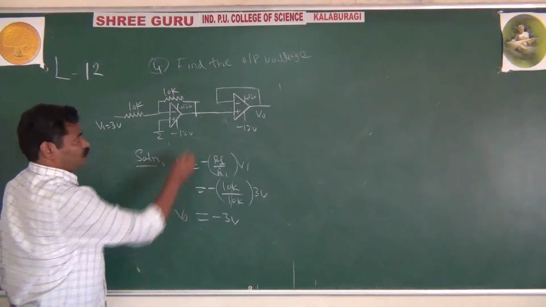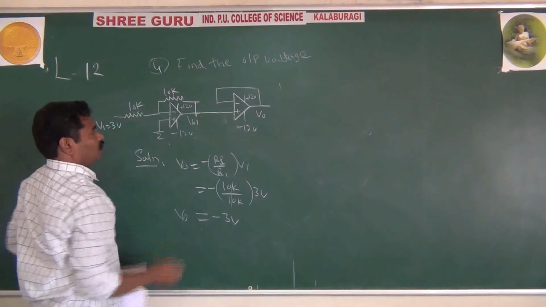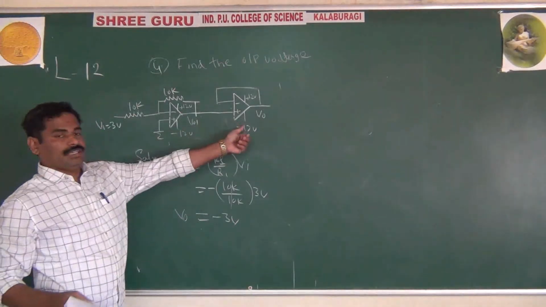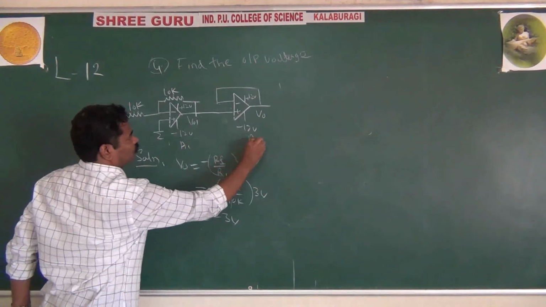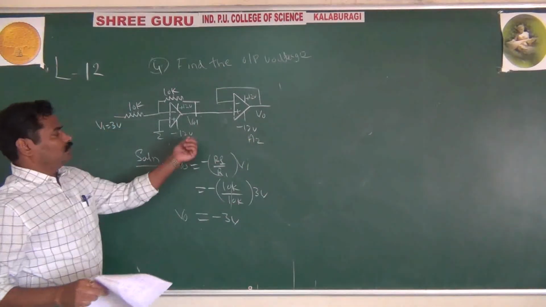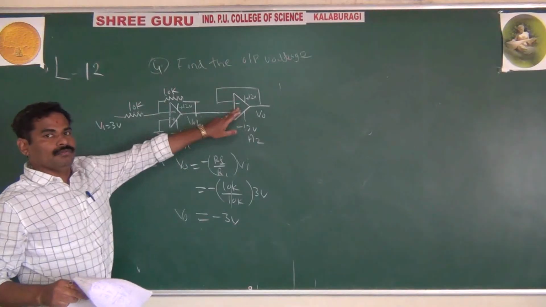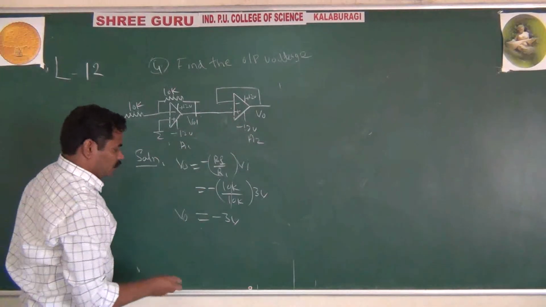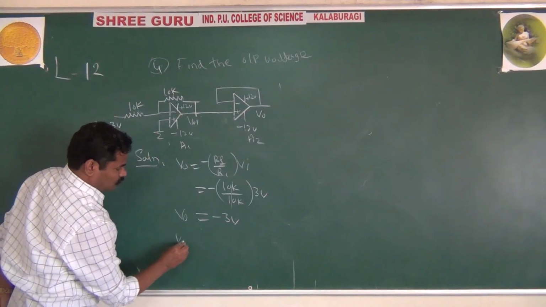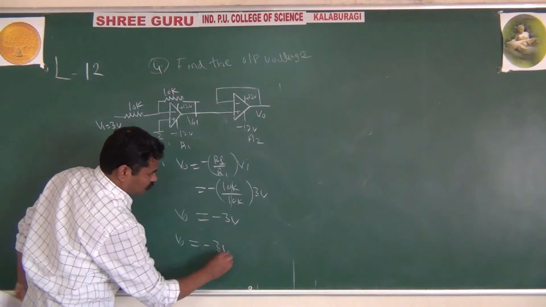The important thing is V01. This output acts as the input for the second stage; this is your A1, and this is your A2. Because it is a buffer amplifier, the output follows the input. That's why the overall output is nothing but minus 3 volts.